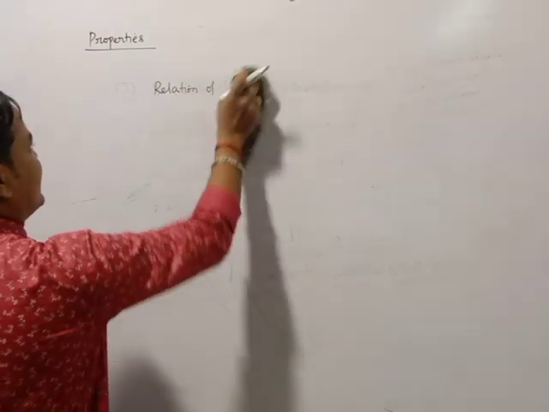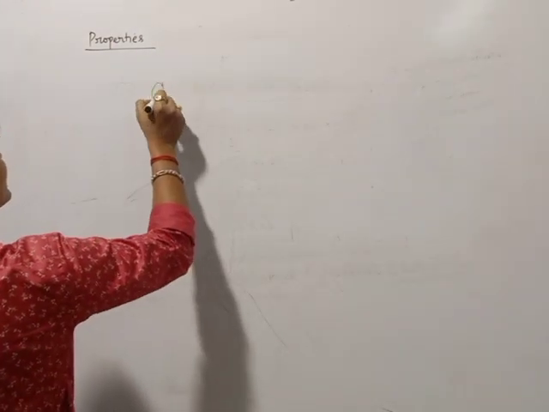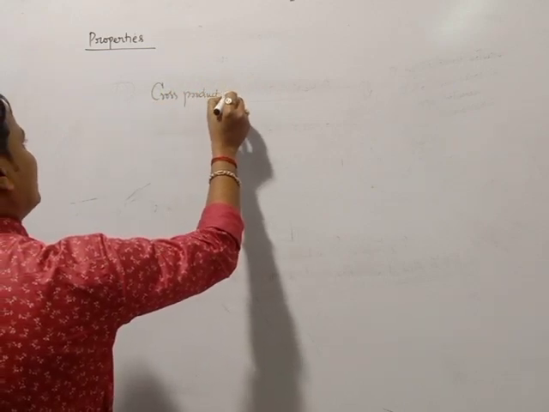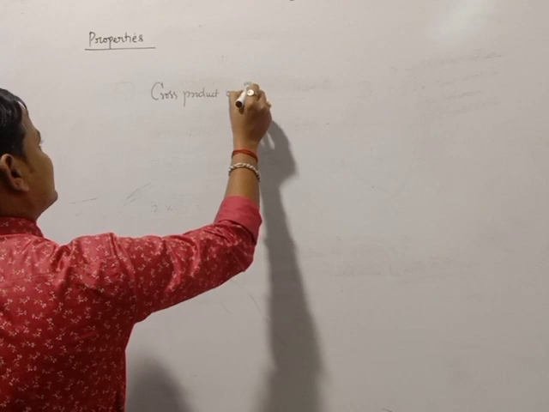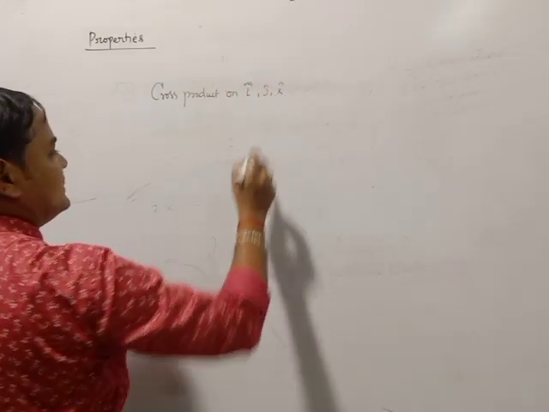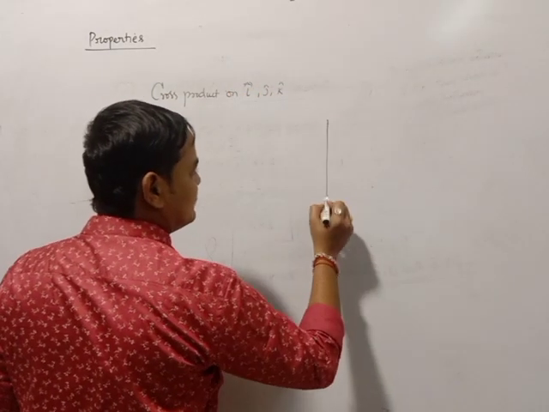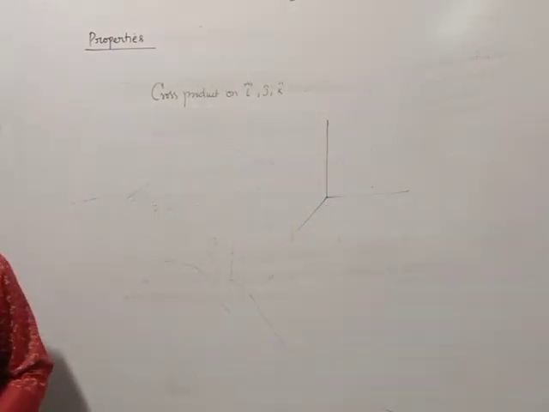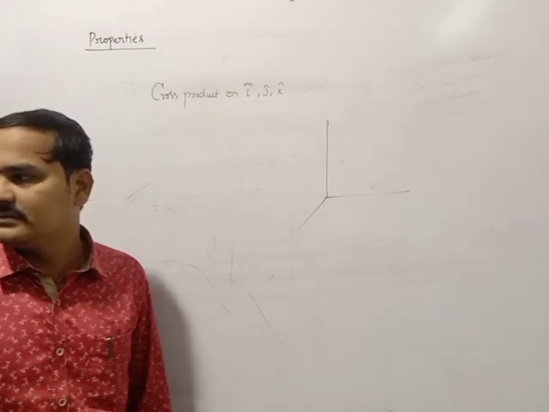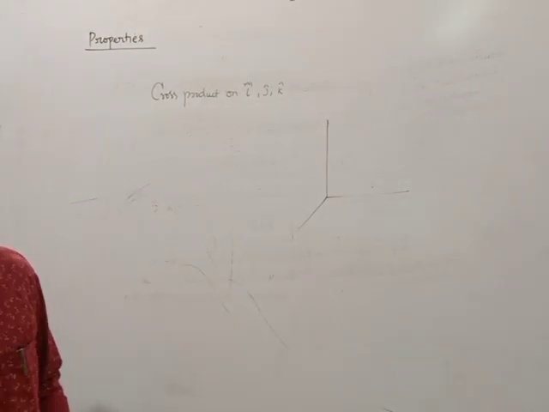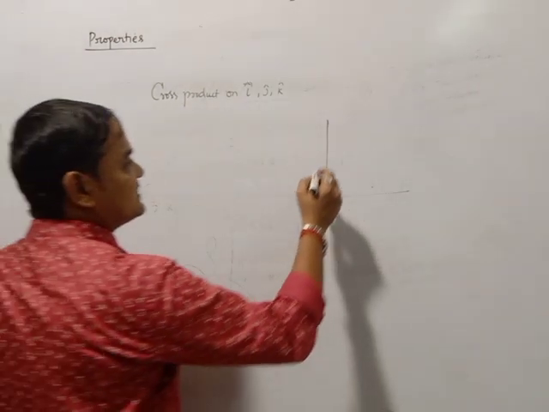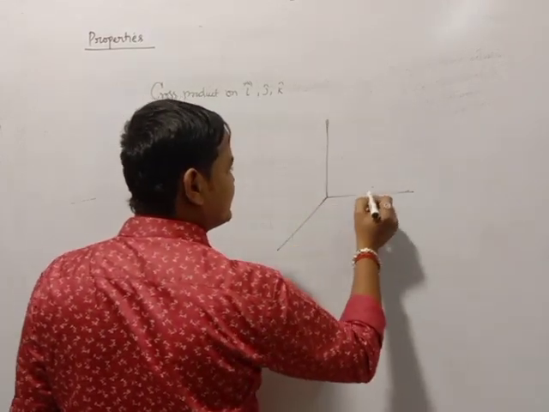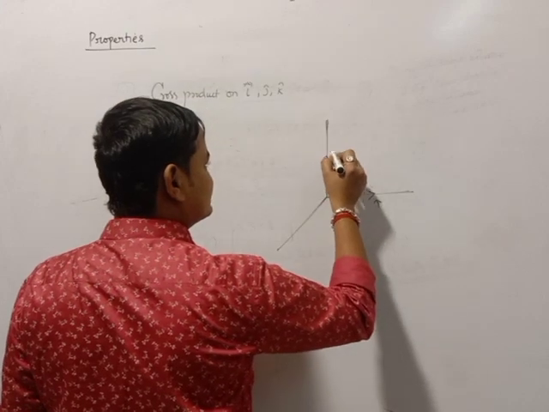Cross product on i bar, j bar, k bar. What is that? See, these are the three vectors i bar, j bar, k bar, unit vectors.